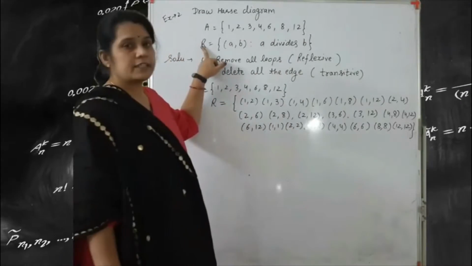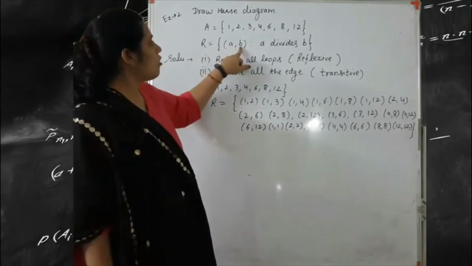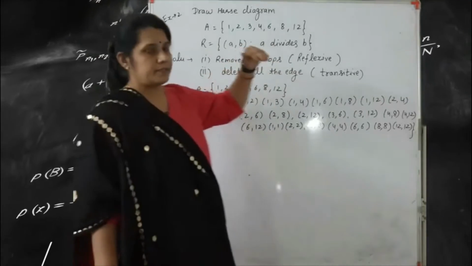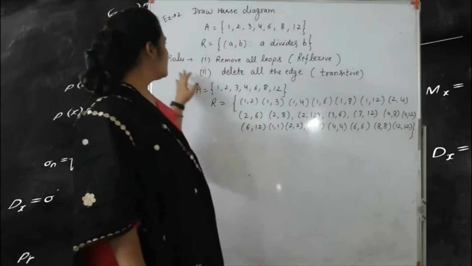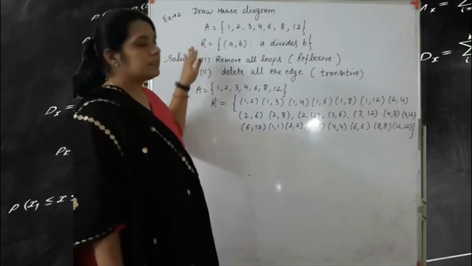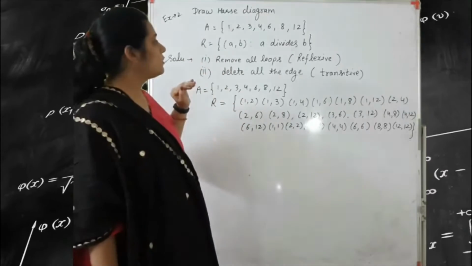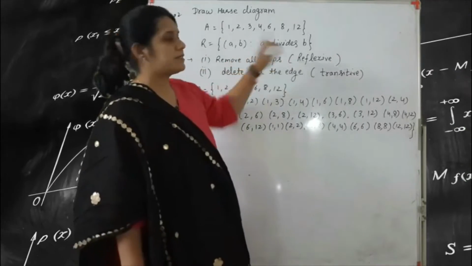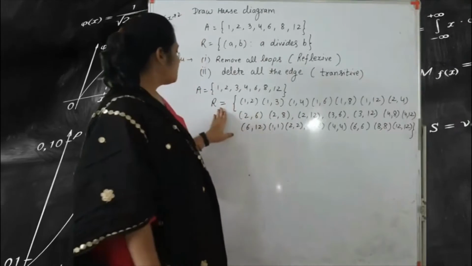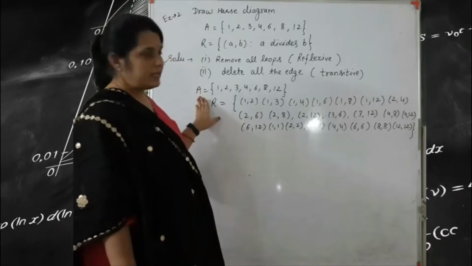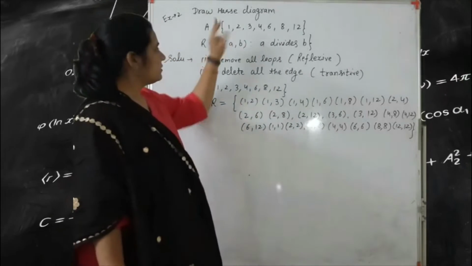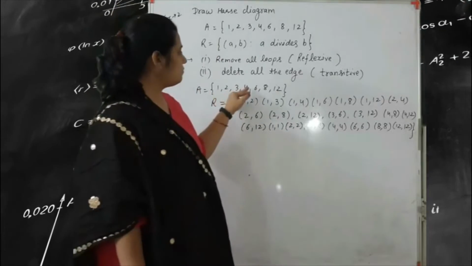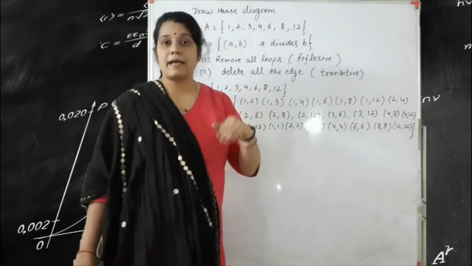Okay. And the relation is equal to what? R = {(a, b) such that a divides b}. Okay. So here first we map the relation set with the help of the condition a divides b. So here we write in the solution A is equal to the given set 1, 2, 3, 4, 6, 8 and 12.